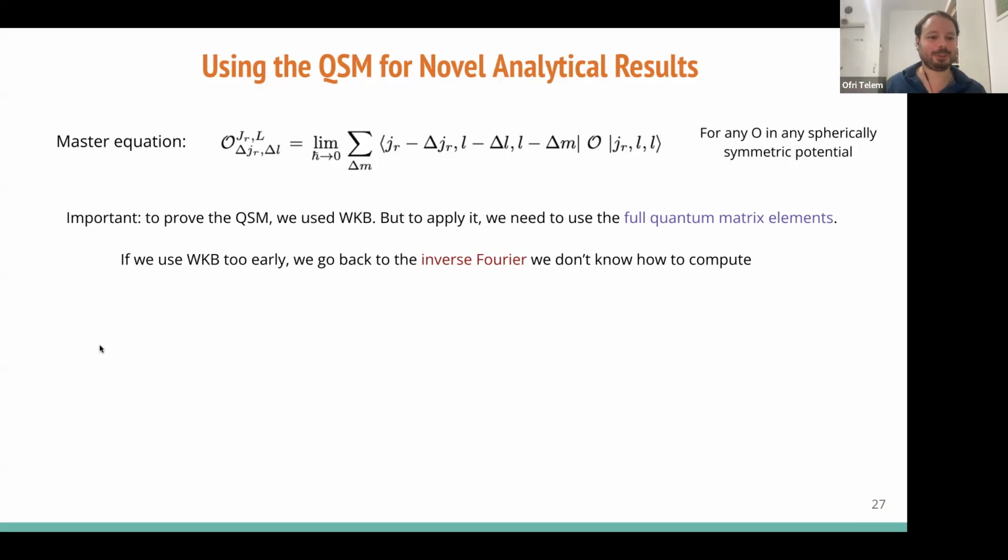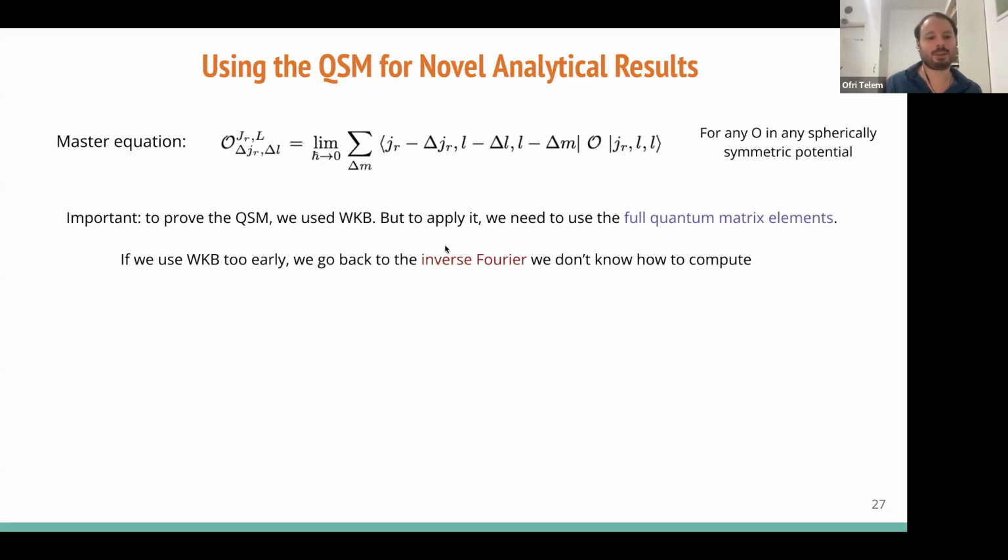If you do WKB just to use the master equation, you're going back to the classical integral you're trying to compute. So to successfully apply the quantum spectral method and compute things you were not able to compute classically, you would have to actually compute the quantum matrix element in its full glory, and only later take the h bar goes to zero limit.